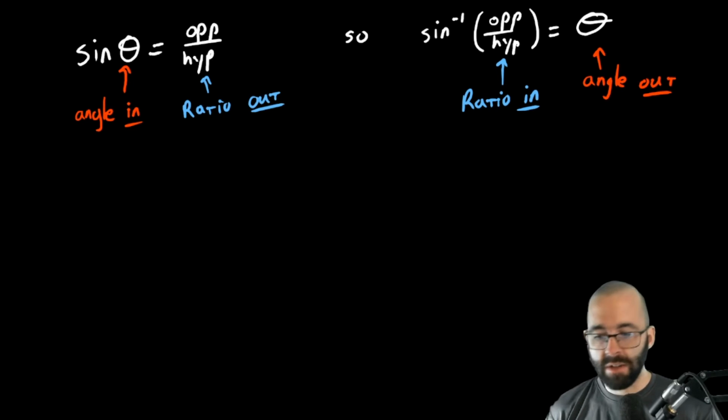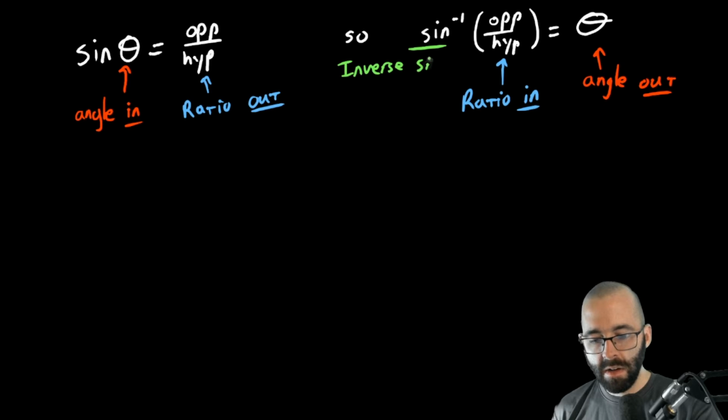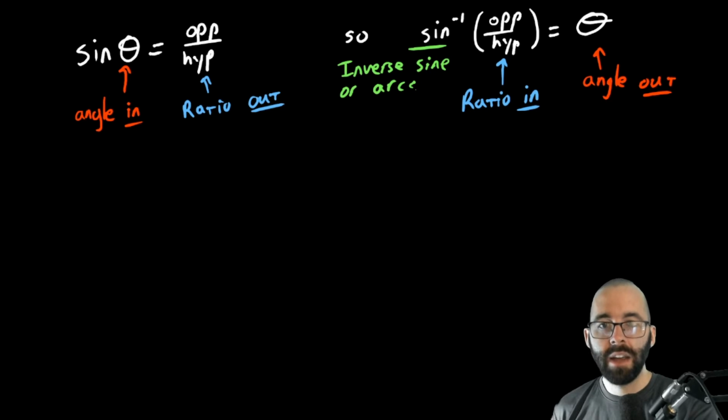That's how inverse trig functions work. Again, this right here is called inverse sine, or arcsine. It's often called arcsine. I love arcsine because I don't have to worry about exponents.